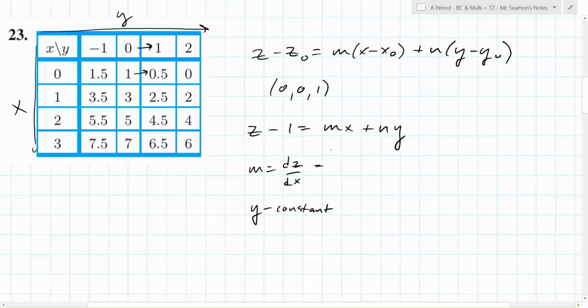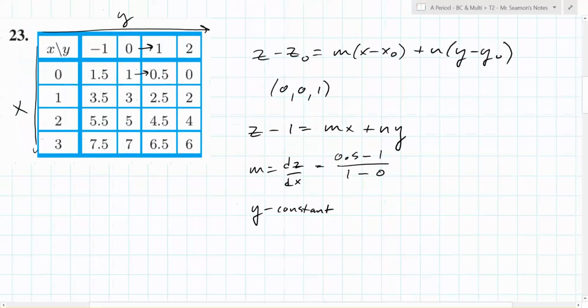So we have 0.5 minus 1. That's the change in z. You with me so far? And then what's the change in y between those 2 points? 1 minus 0. So if we wanted to write them out, this could help you. What were the 2 points that we had there?